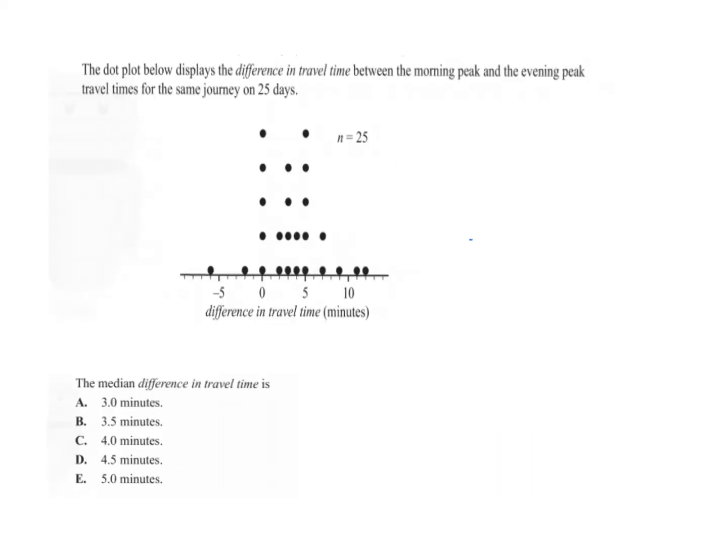So if we have a look at this one here, it says the dot plot below displays the difference between the morning peak and evening peak travel times for the same journey on 25 days. So the median difference in this travel time is, so once again, we can do the same. So 25 days was N, yeah? So the median, just remember this is where you find it: N plus 1 divided by 2, so 25 plus 1 divided by 2, so it's going to be the 13th.